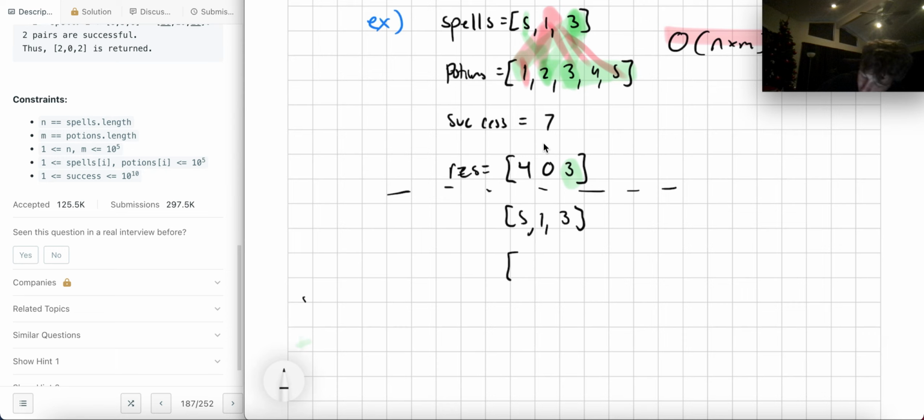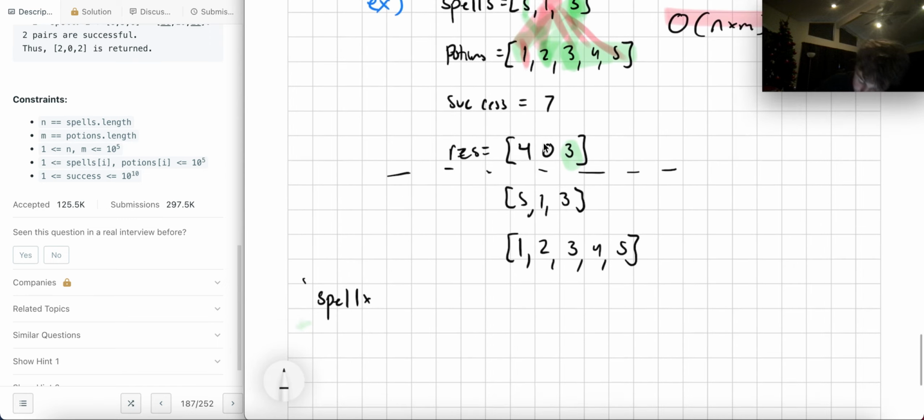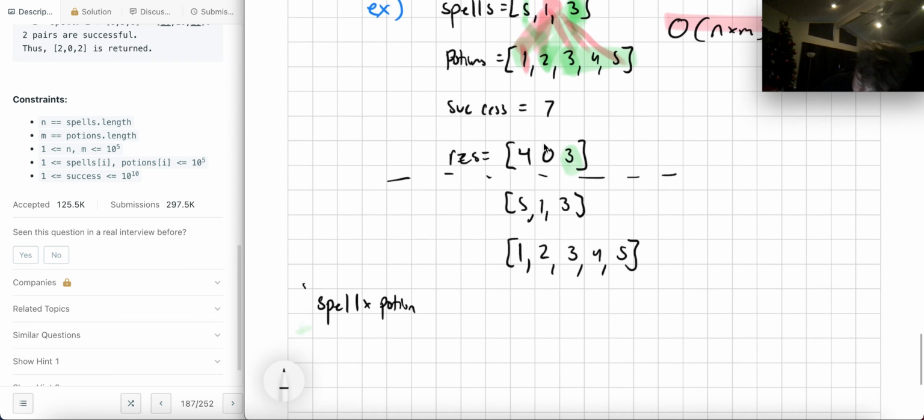I'll have the sorted version of spells. And what I'll say is, okay, let's look at our equation again. So we have spell times potion needs to be greater than or equal to success.